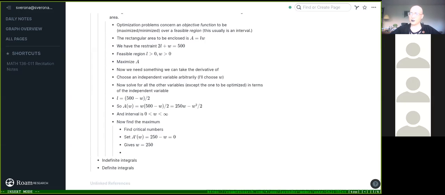And then infinity, we don't really consider to be a number, so infinity is never a critical number, even if it's an endpoint of the interval, because a critical number has to be a place a maximum can be. A function can't have a maximum at infinity. That doesn't really make sense. I guess you can think of it kind of like that, but you're going to have to use limits. So infinity is never going to be a critical number. They have to be finite, and they have to be in the interval.